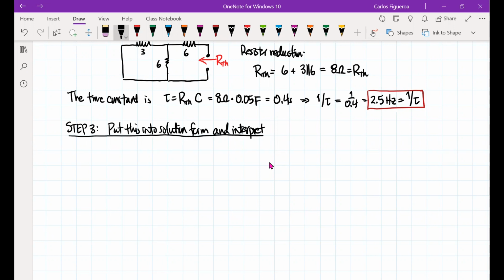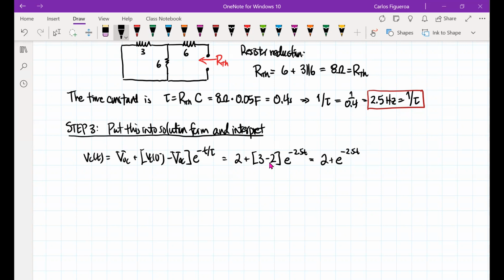The solution form says that VC of t is VOC plus VC of 0 minus minus VOC, times e to the minus t over tau. If I start to put in my values, this is going to be 2, plus 3 minus 2, and e to the minus 2.5 t. If I clean this up, I find that this is going to be 2 plus e to the minus 2.5 t.